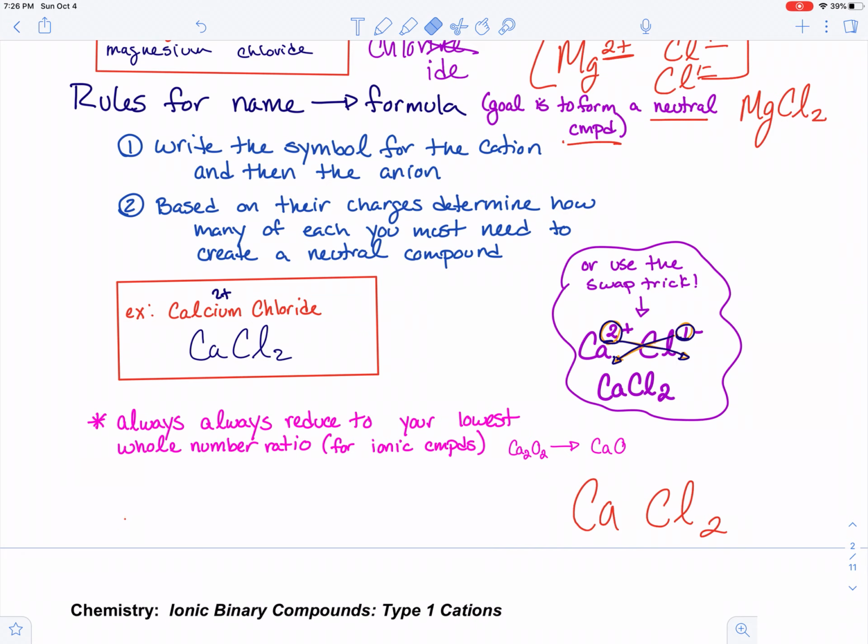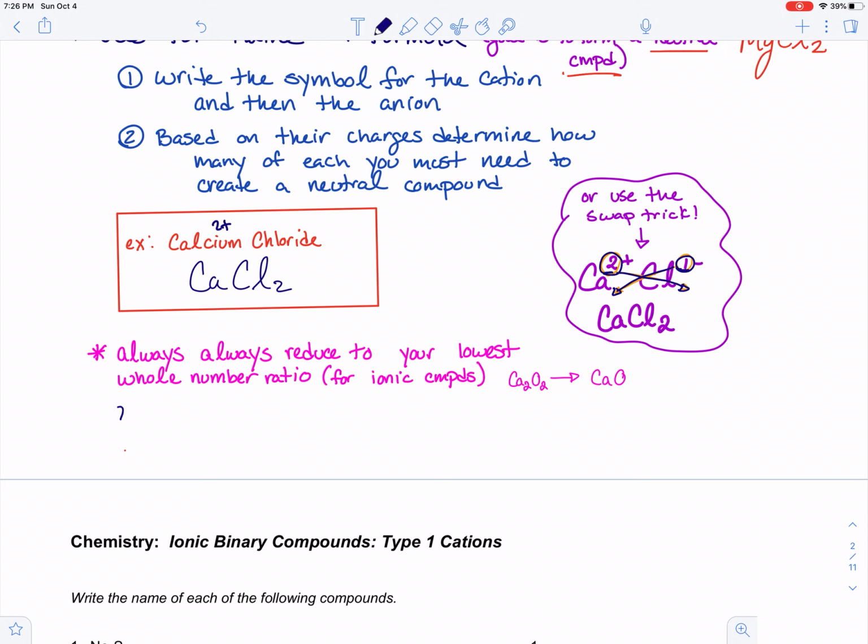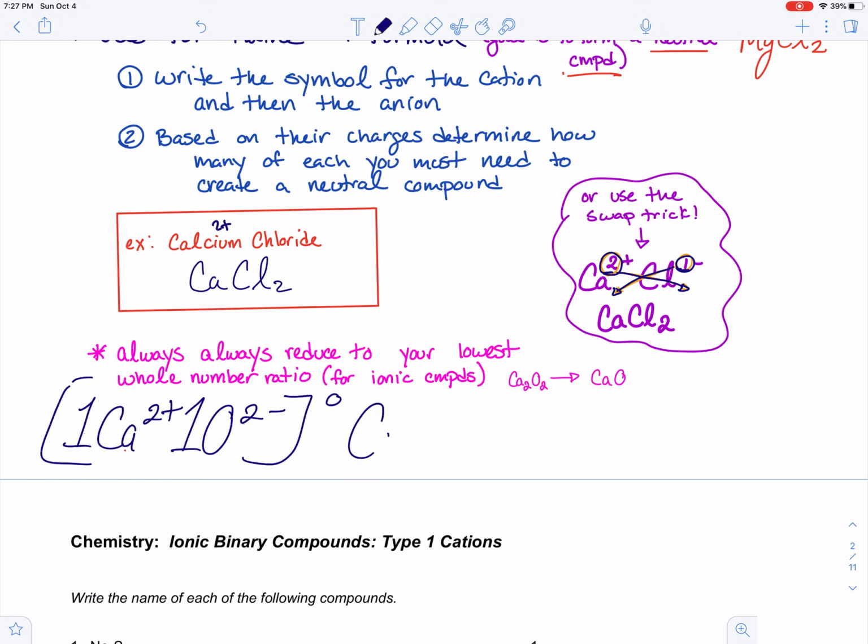So I'm going to give Ca2O2 as the example. So that's calcium oxide. So calcium has a 2+ charge and oxygen has a 2- charge. So with 1 calcium and 1 oxygen, you end up with a net neutral compound. Well, 1 calcium and 1 oxide look like this. Again, you don't have to write the 1s because they're assumed.